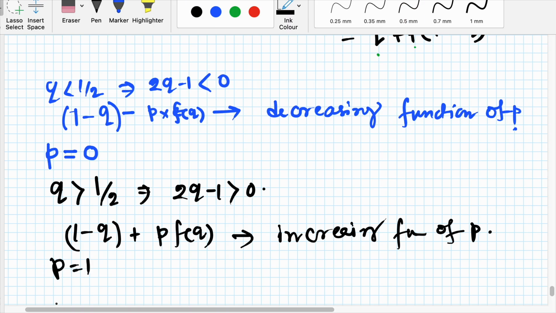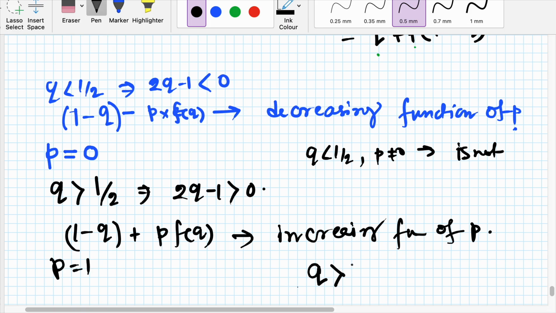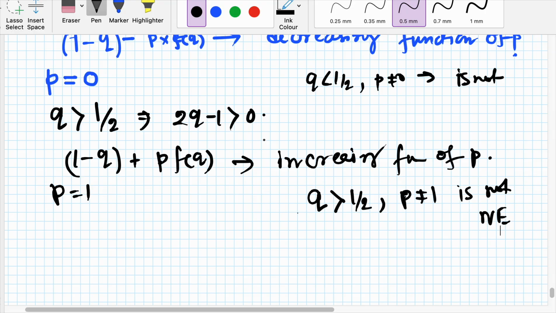So any strategy corresponding to q less than half and p not equal to 0 is not a Nash equilibrium, because there is an incentive to deviate from that strategy. And obviously, p greater than half and p not equal to 1 is also not a Nash equilibrium.